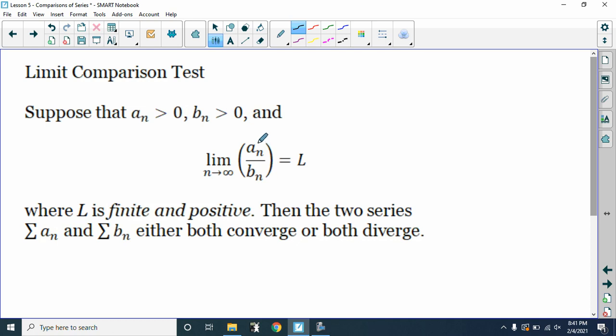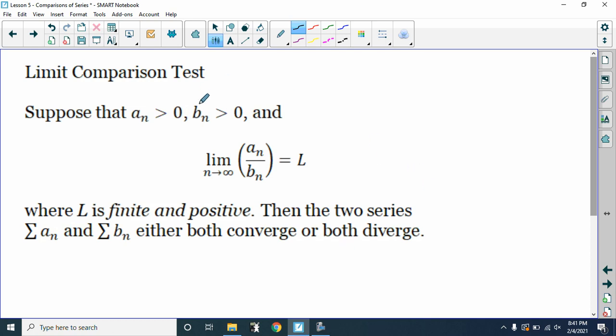We are going to divide the two sequences and evaluate the limit as n approaches infinity. If that gives me a finite positive number, then the two series do the same thing. Either they both converge or they both diverge.